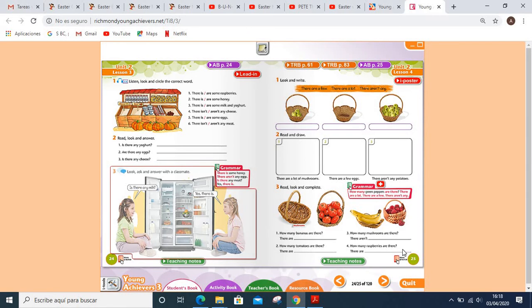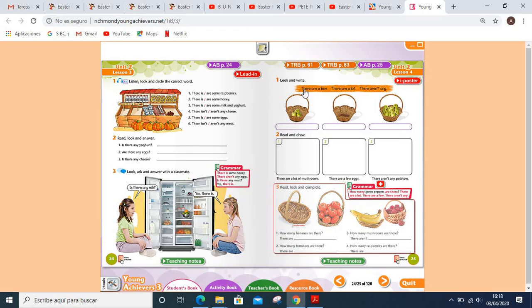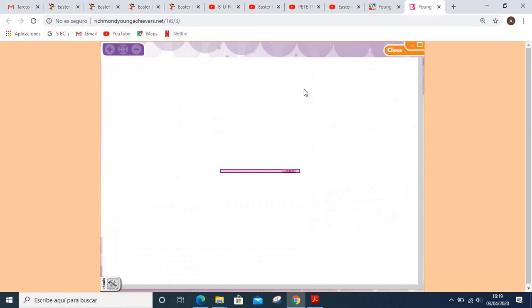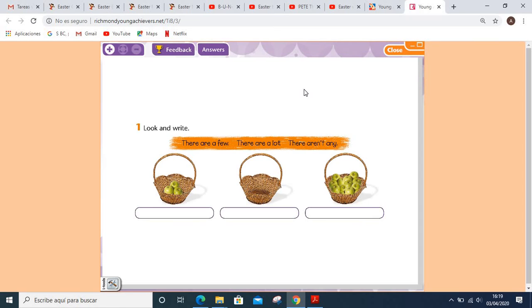Now we go to page 25, and take a look at exercise number 1. Let's see exercise number 1. Okay, it says look and write.